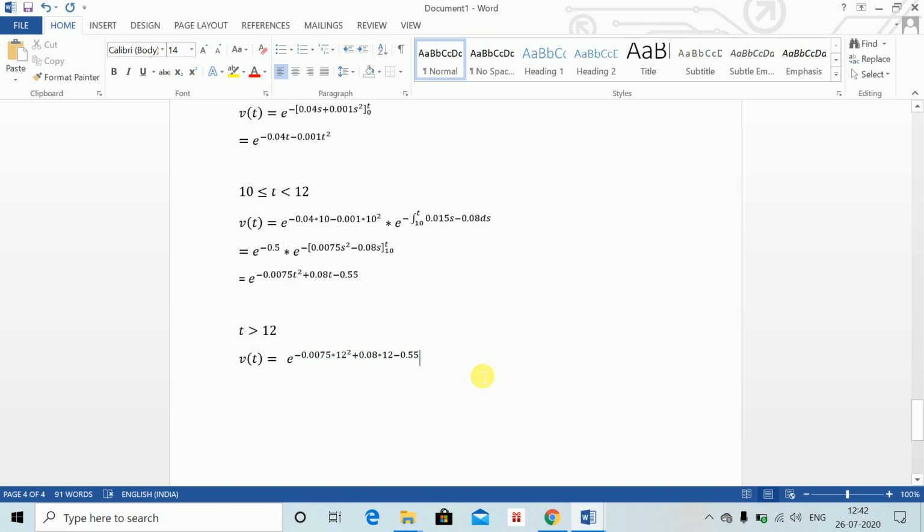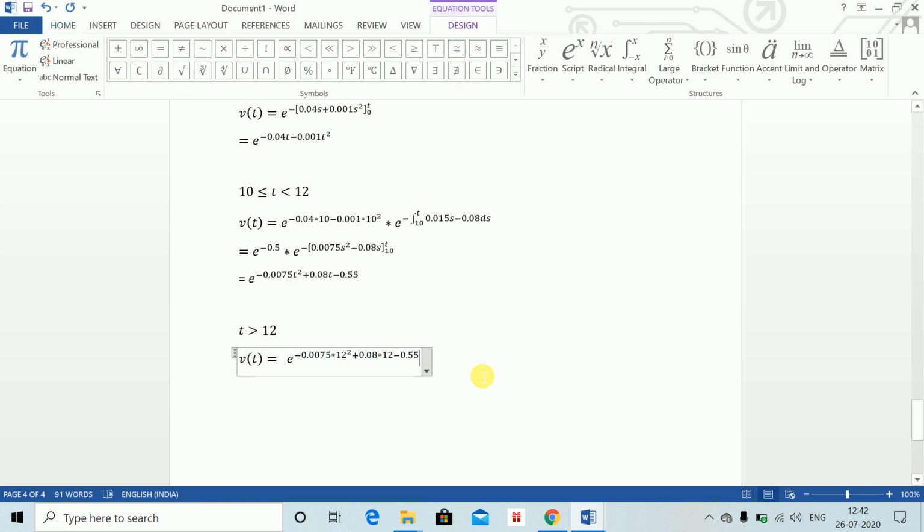Then e to the power minus the integral from 12 to t of 0.07 ds. So this is the value.